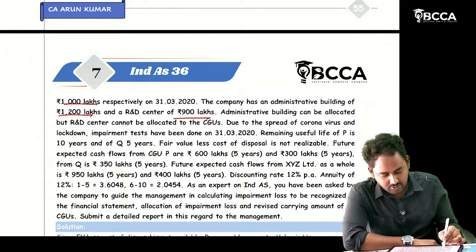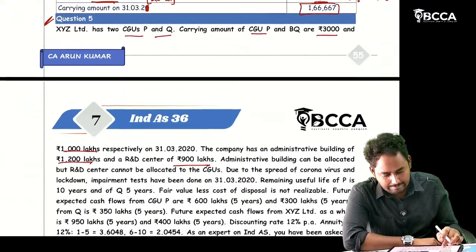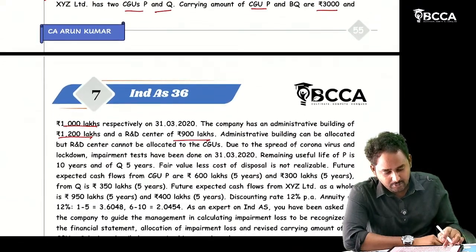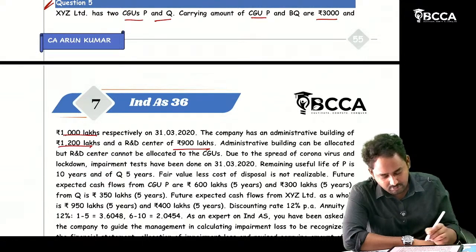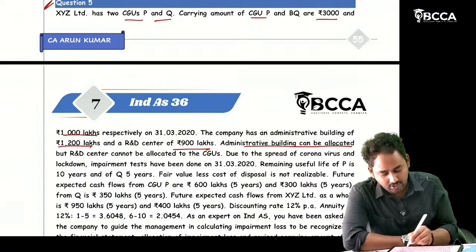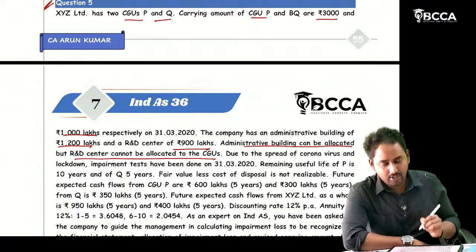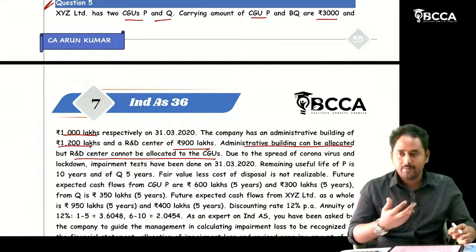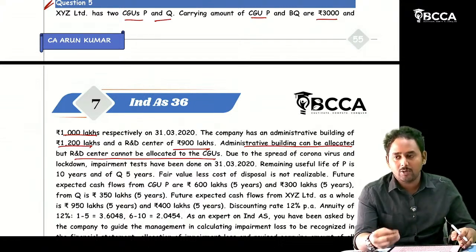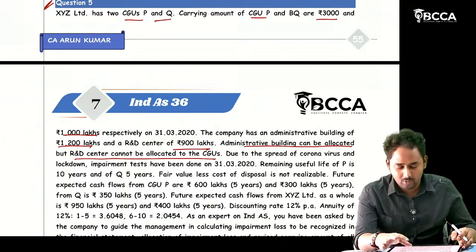The administrative building can be allocated, but the R&D center cannot be allocated to CGUs. It means the administrative building is an allocable corporate asset, R&D is a non-allocable corporate asset.